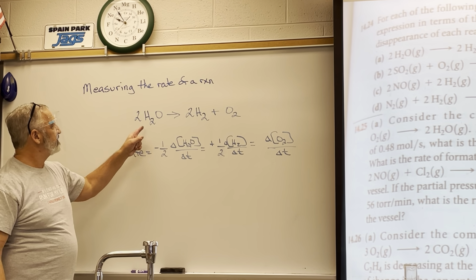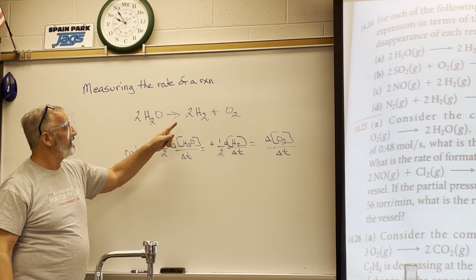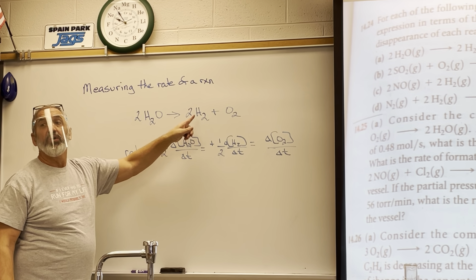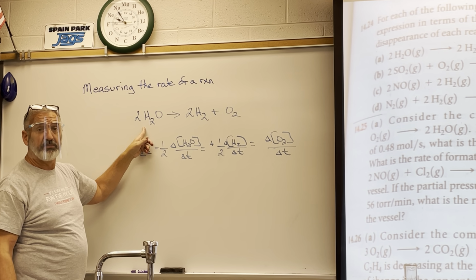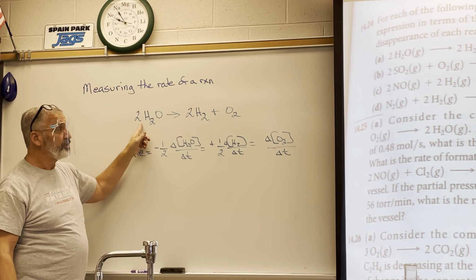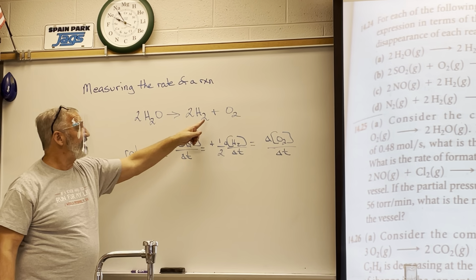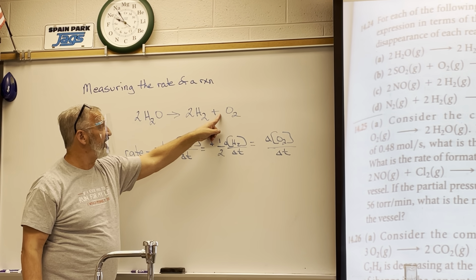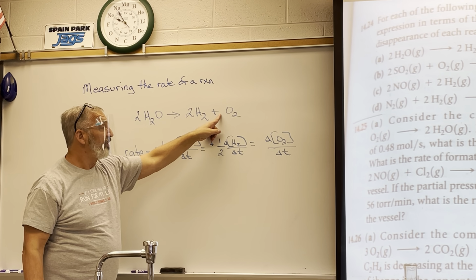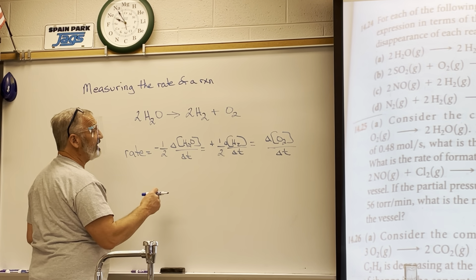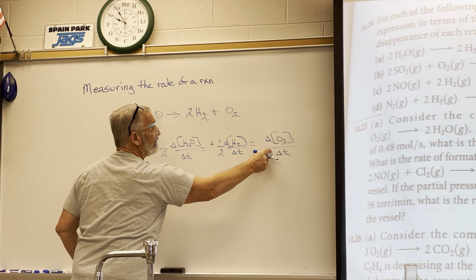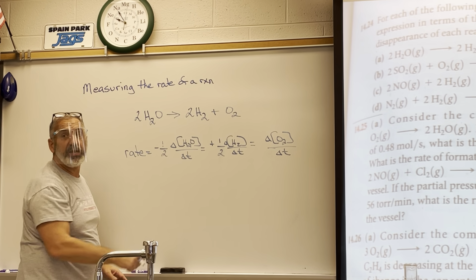So in other words, hydrogen is going to be formed at the same rate at which the water is decomposing. It's 2 to 2. But the oxygen is going to be 1/2 that. It doesn't look like it's saying that, but it really is that the oxygen's rate is 1/2 the rate of the water's.